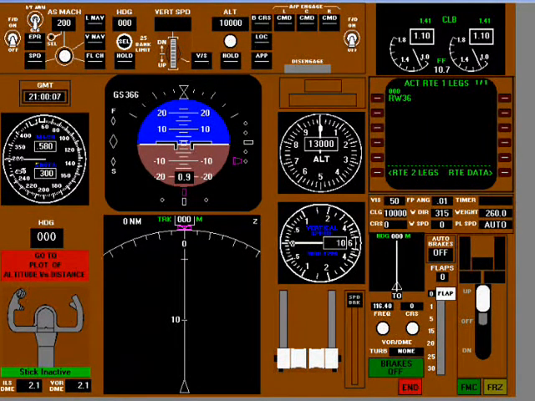Notice that the altitude is immediately captured and the airspeed remains at 300 knots.